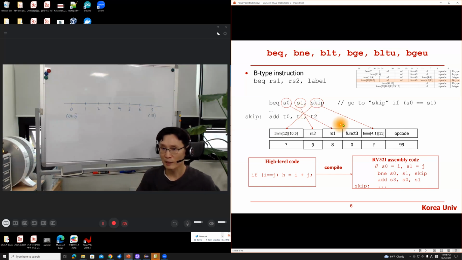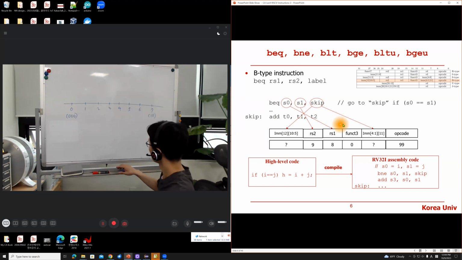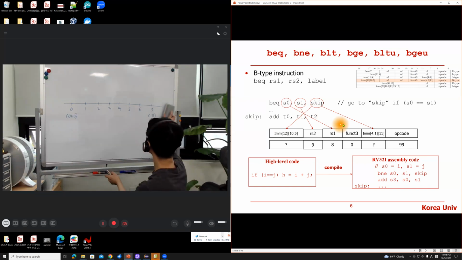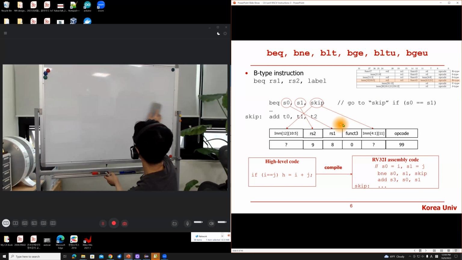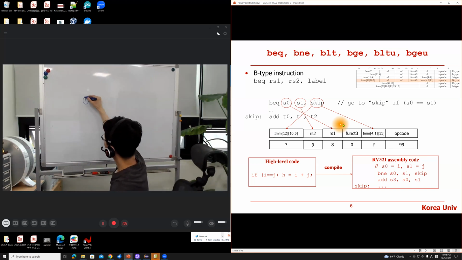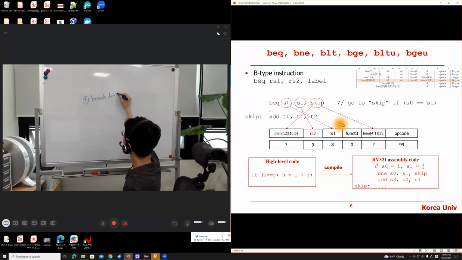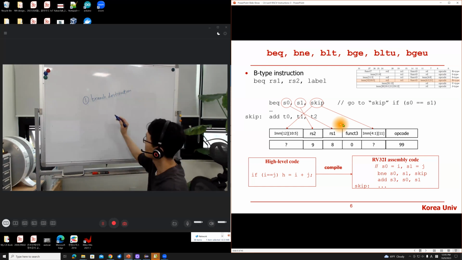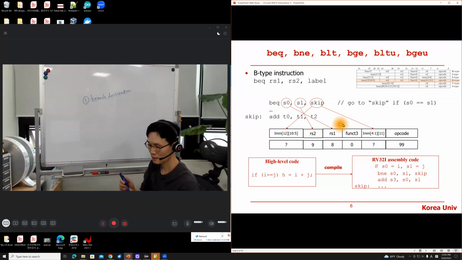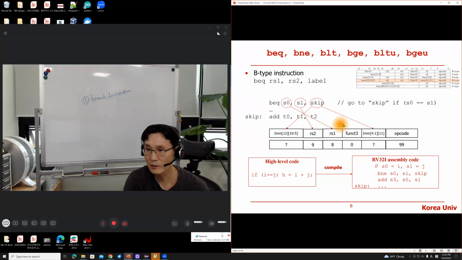2 things. The first one, okay, let me remove this one. The first one, you have to calculate the branch destination. So in this particular example, what is the location of the label skip? And then the branch destination is computed.